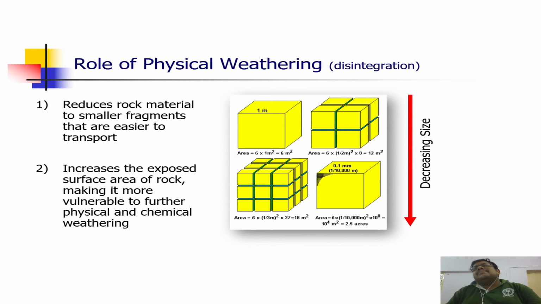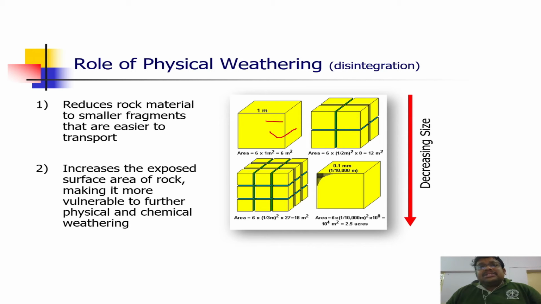Now, what is the implication of physical weathering? Why is physical weathering important? Physical weathering is important because it reduces the rock materials to smaller fragments that are easy to transport. One important thing is that when we decrease the size of these rocks, for example, let us consider a cubic rock with a surface area of 6 square meters.